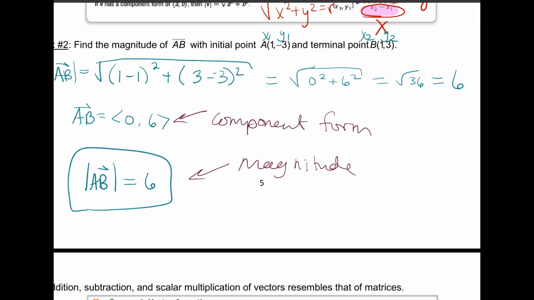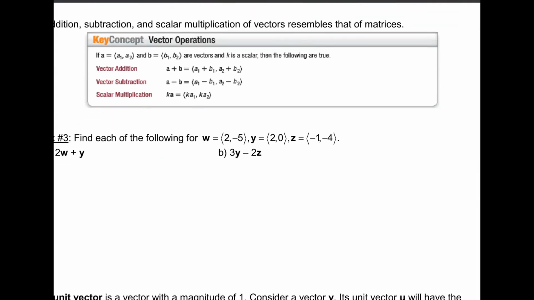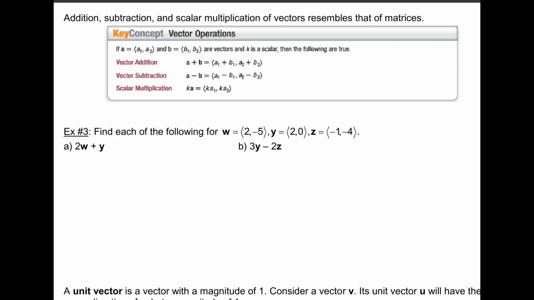Alright, Osher, wake up. So let's go ahead and do addition, subtraction, and scalar multiplication of vectors. It basically looks just like matrices. That's why we do matrices right before this. So if I add two vectors, you add the x's together, you add the y's together.